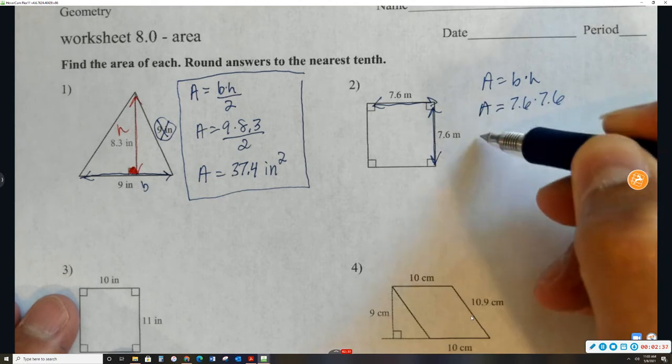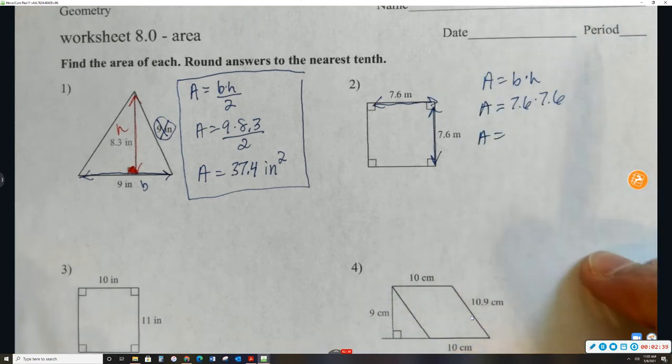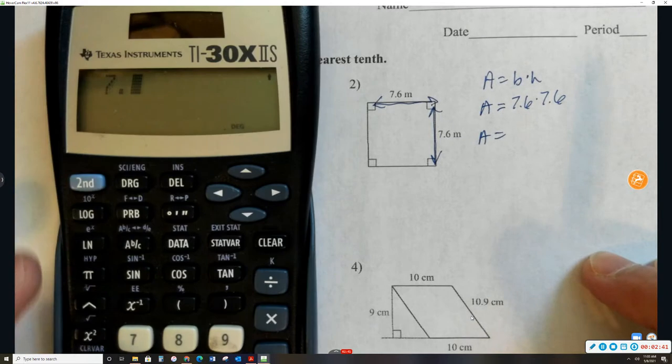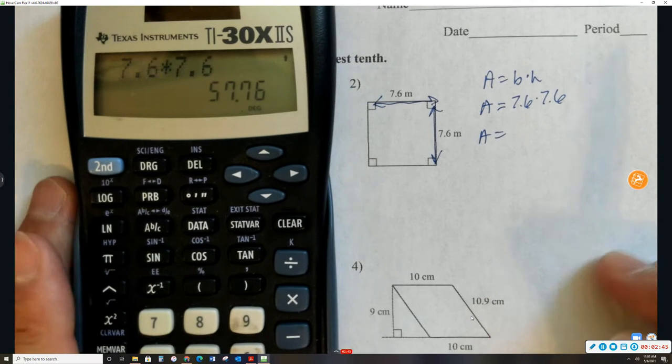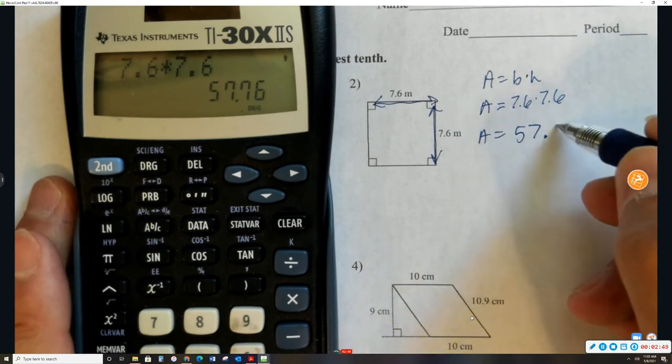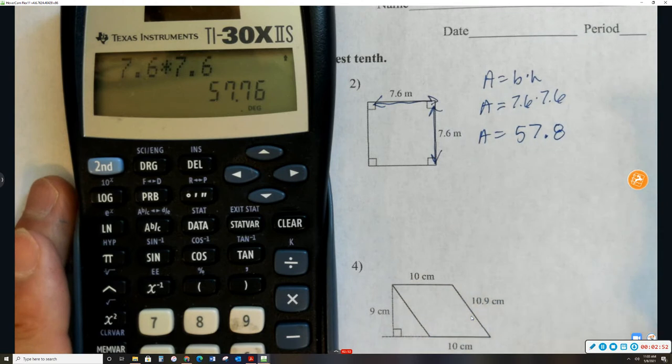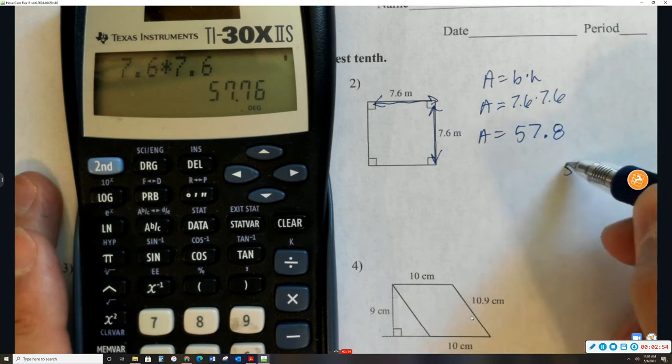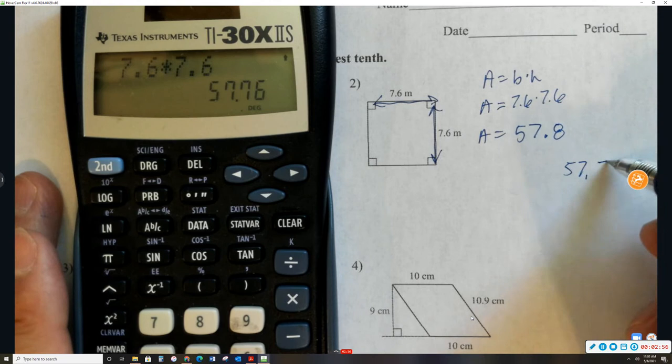All right, let's go back to this one, and then just multiply 7.6 times 7.6, and again that rounds to 57.8. The 7 jumps up to an 8 because of the 6. Okay, you have to remember here, I'll write this down.